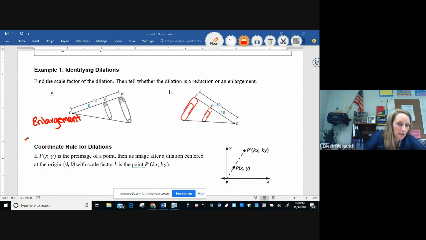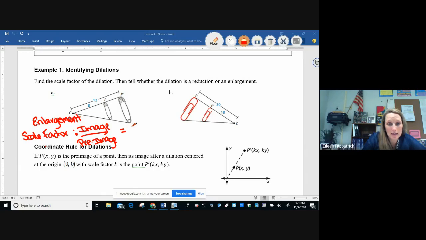Now to figure out your scale factor, it's always image over pre-image. All right. For this, we're not taking the side length of one of the sides of the paper or safety pin, which sometimes we'll do, but this time we're taking the distance from the center of dilation to the image.